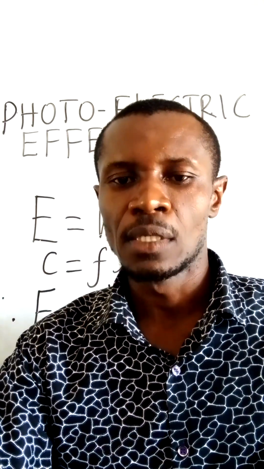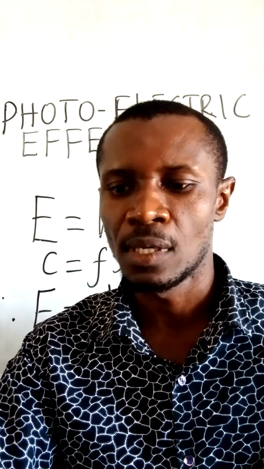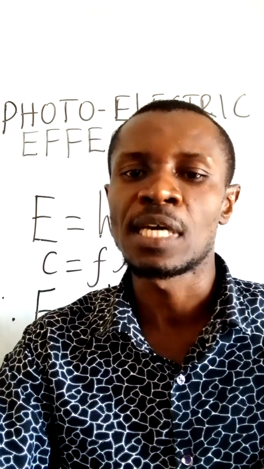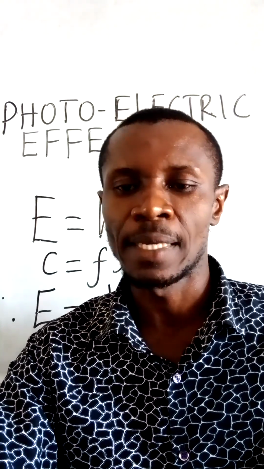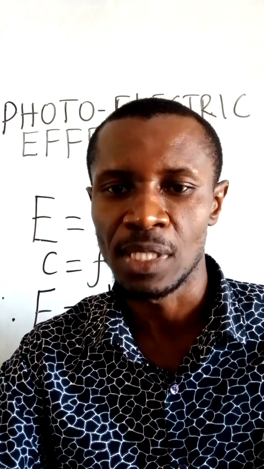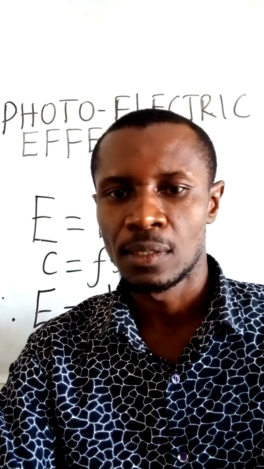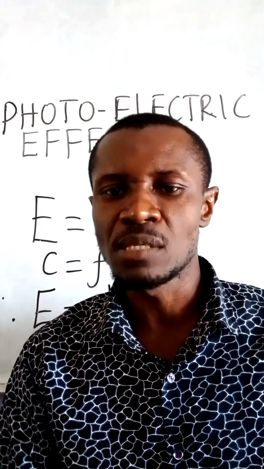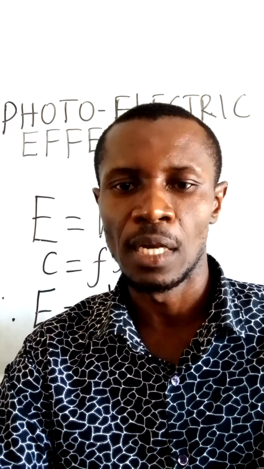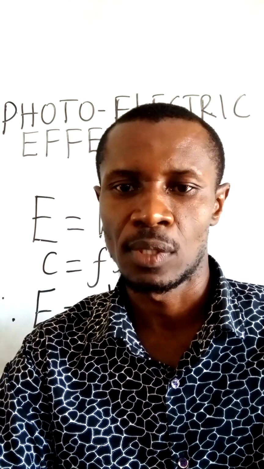Now, the liberation of electrons from this metal surface also depends on the property of the metal, and the property of the metal is quantified by a term called the work function of the metal. Now, results from experiments show that the maximum kinetic energy of the electron liberated depends on the frequency of the photon.